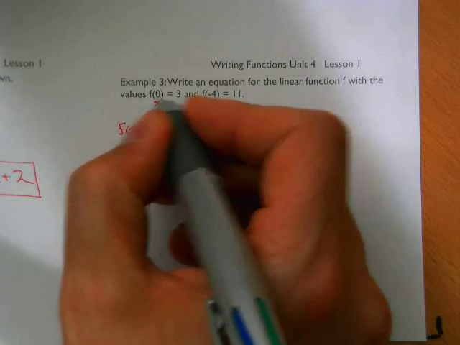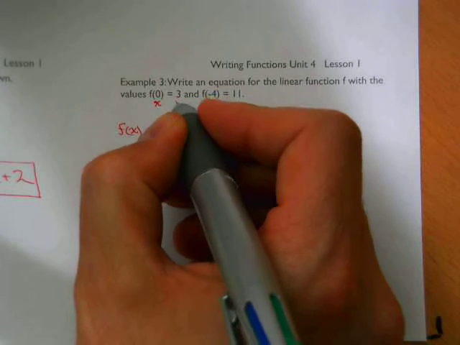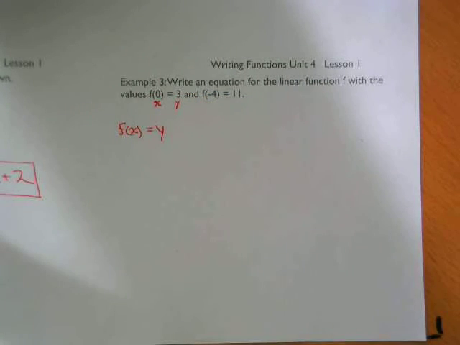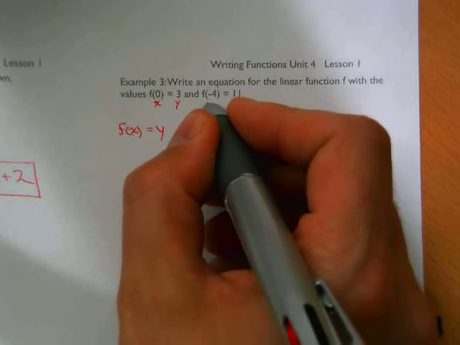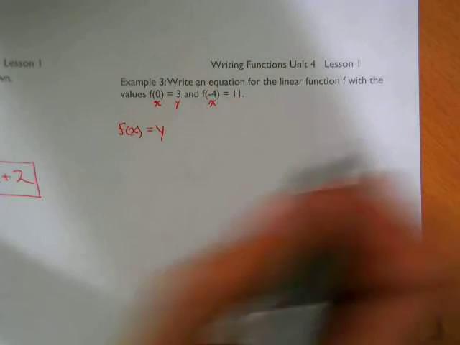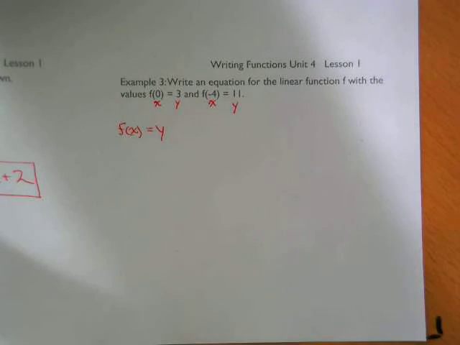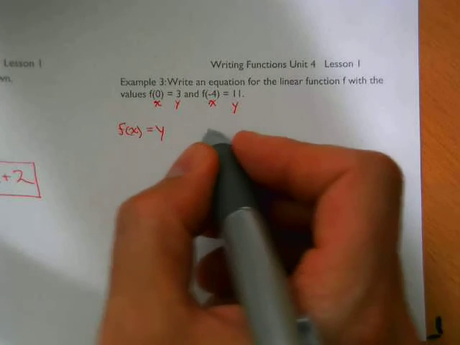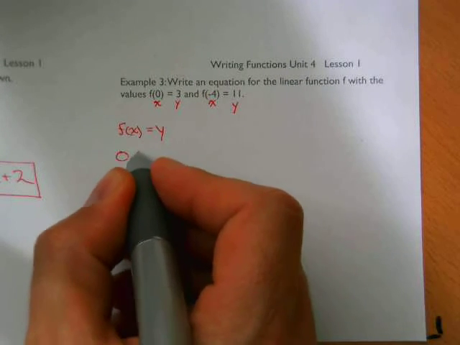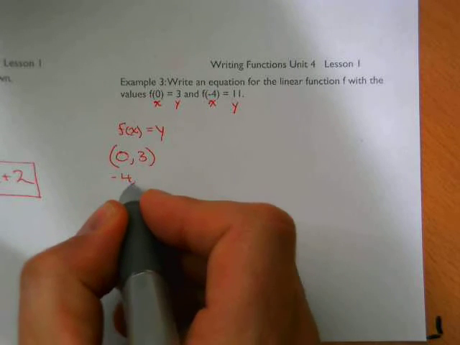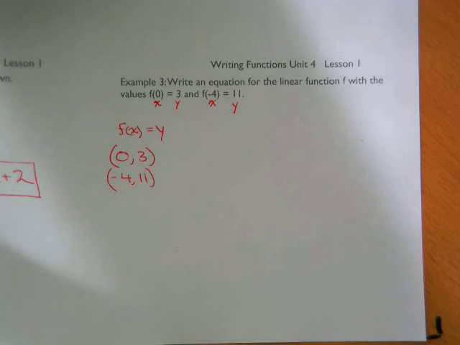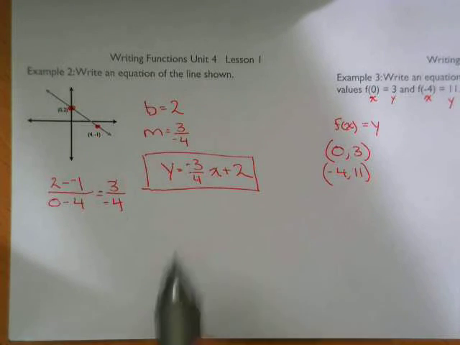And so if I have f of 0 equals 3, that means when x equals 0, y equals 3. Here, if f of negative 4 equals 11, that means when x equals negative 4, then y equals 11. I can turn this into the 2 coordinates, (0, 3) and (negative 4, 11).